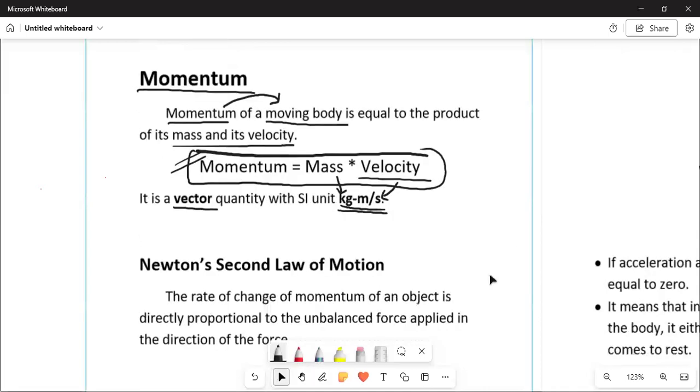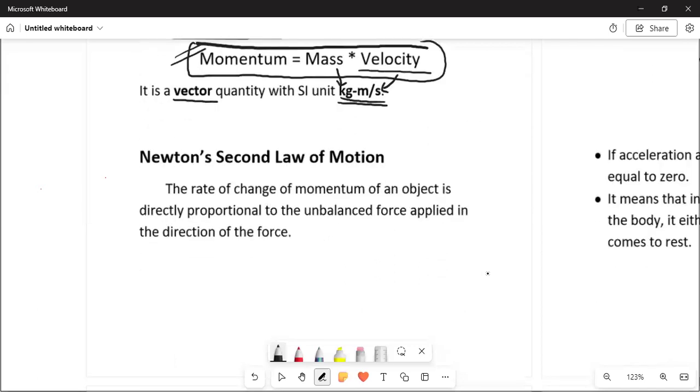Understand simply, momentum is nothing but just the product of mass and velocity. For now, this is sufficient for you to know this. Now we'll move on to Newton's second law of motion.